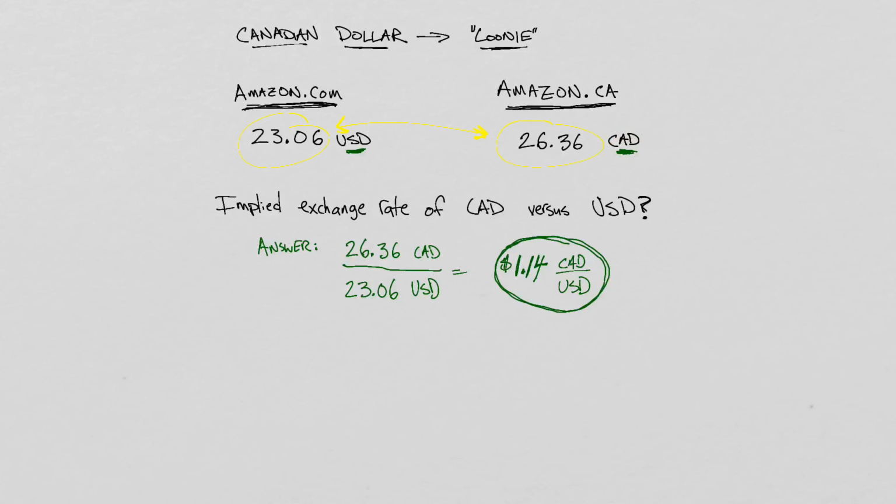But if you look at a broader basket of goods and do this exercise and you still get a number, maybe averaged across all those goods, that is very different than what the exchange rate is being observed in the financial markets, then that gives you a sense of whether the exchange rate is under or overvalued from a fundamental perspective. And that's the context, the concept behind purchasing power parity, or PPP.